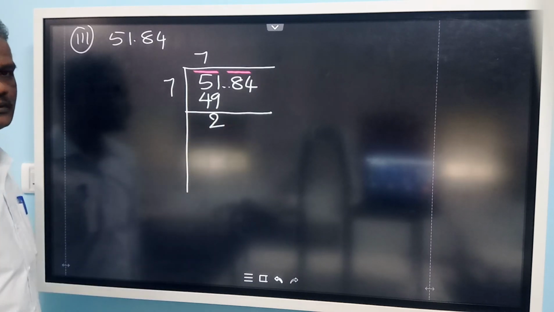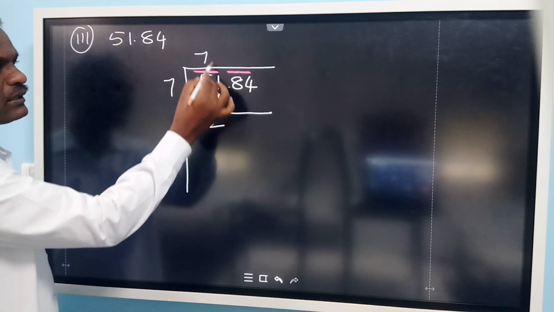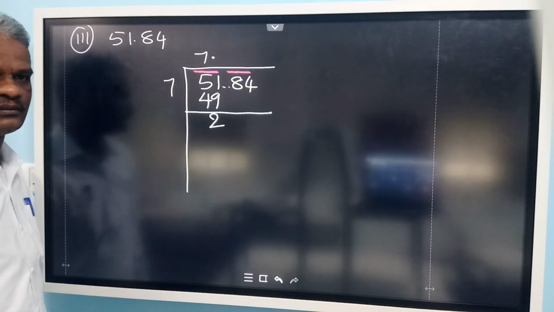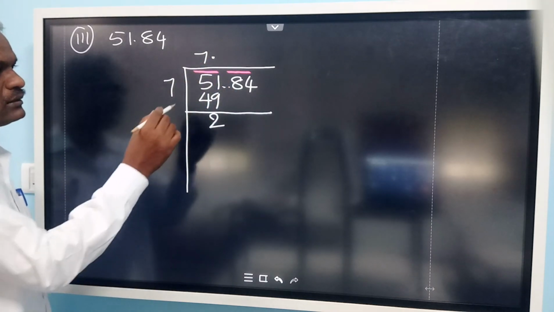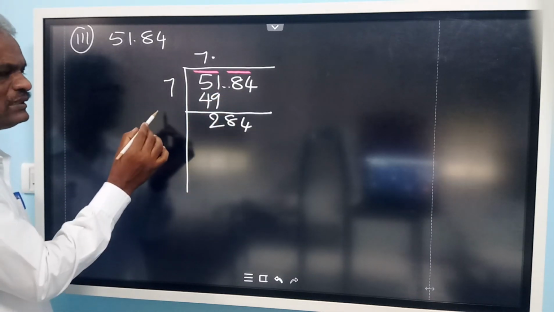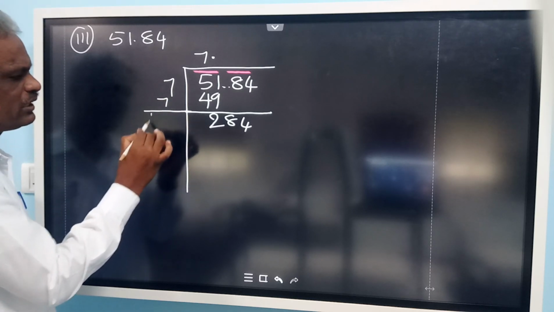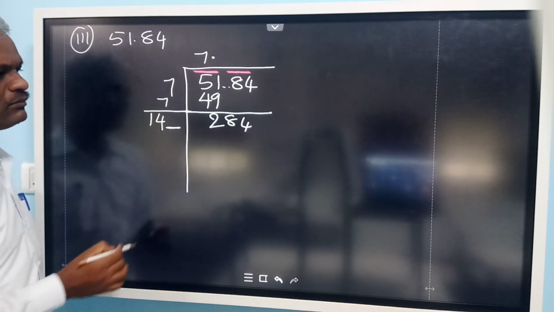2. Then we are moving to the decimal part, so keep the decimal point here. Then bring down this 84 here. It becomes 284. Double this divisor, so it becomes 14. Fill this blank now.